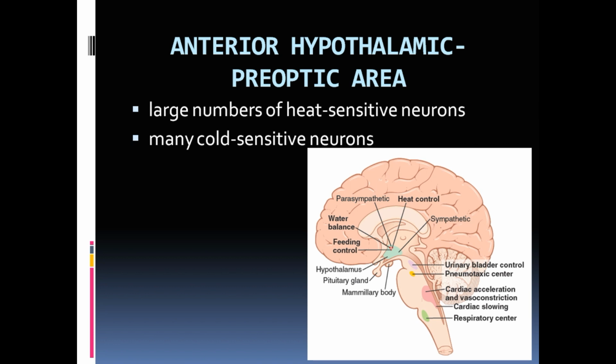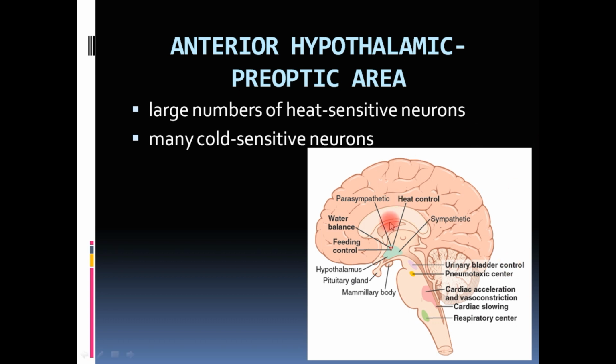So this is the area of the hypothalamus which has the receptors for heat, and these sense the core body temperature, and send the signal to the integrator area of the hypothalamus, which is located in the posterior hypothalamus.